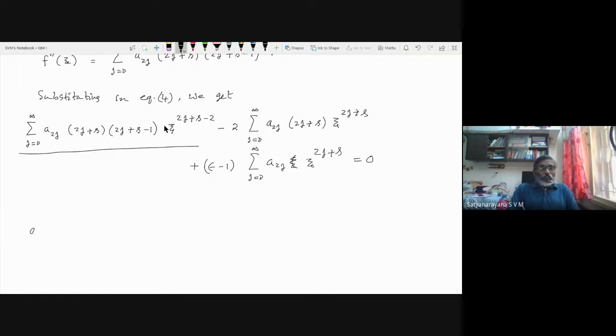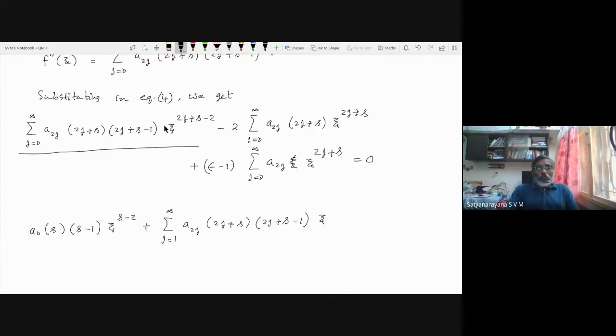So that is a0 into s into s minus 1, times xi to the power s minus 2, plus the sum over j equal to 1 to infinity of a_2j into 2j plus s into 2j plus s minus 1 into xi to the power 2j plus s minus 2.